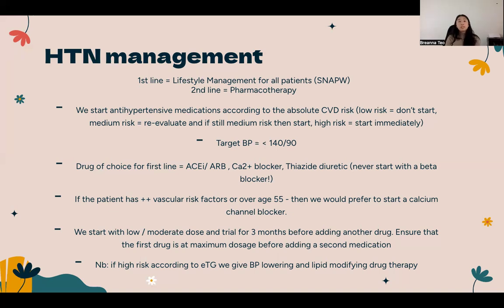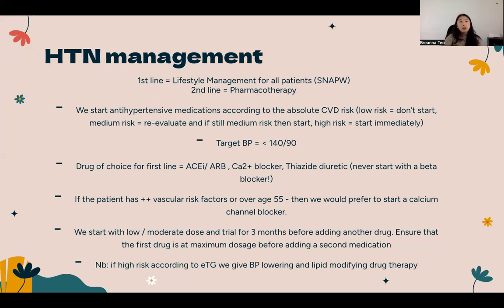Side effects include a drop in renal function, and that is mostly temporary, but we want to watch out for it. A dry cough, swelling, especially around the lips, and then a raise in potassium on blood tests as well. With calcium channel blockers, some adverse effects that you'd want to consider telling the patient about include peripheral edema, so swelling of the ankles, hypotension, and bradycardia.